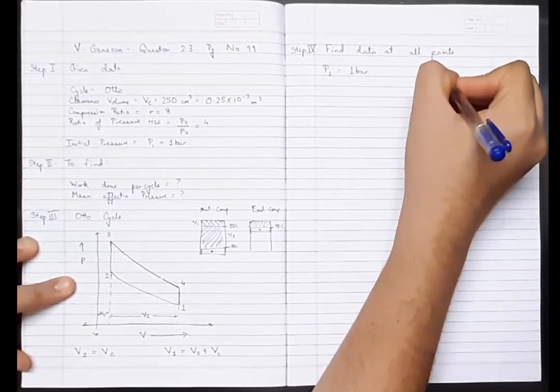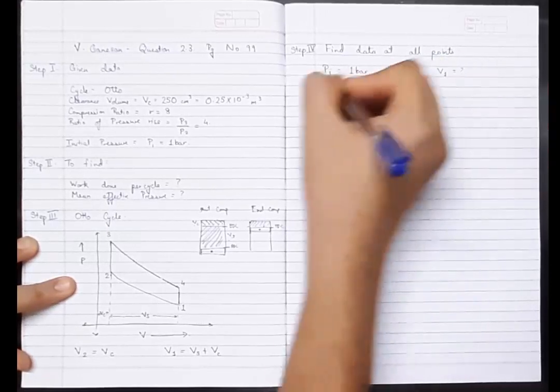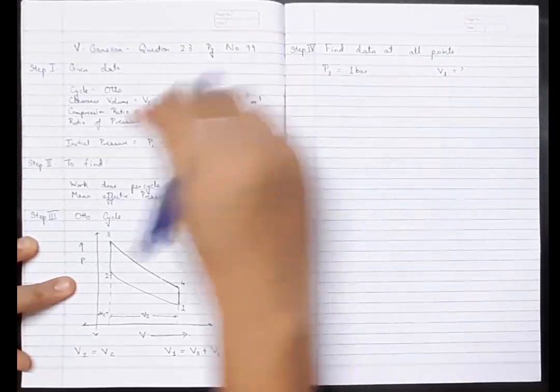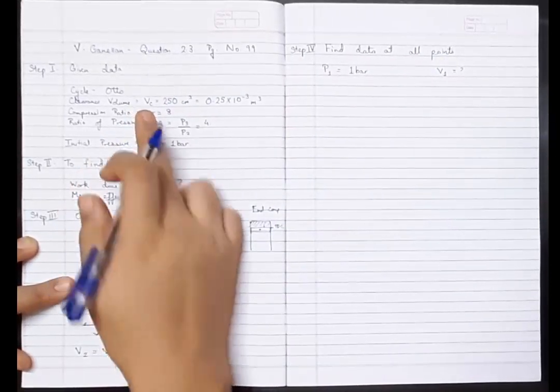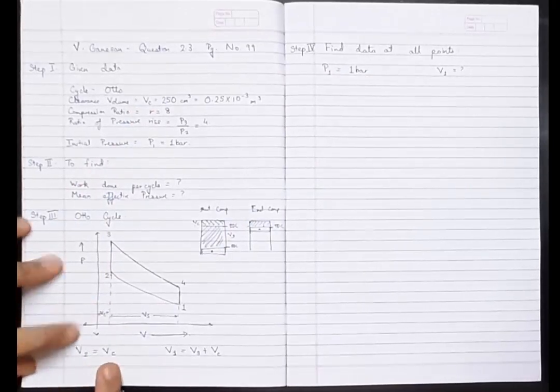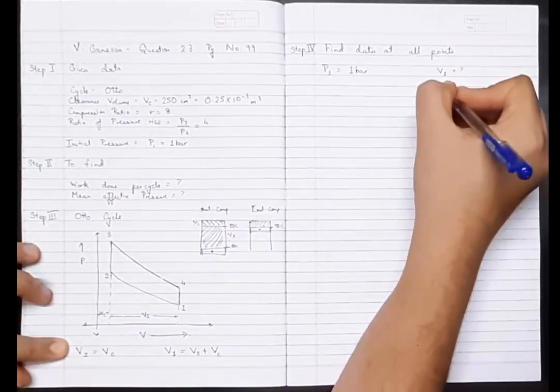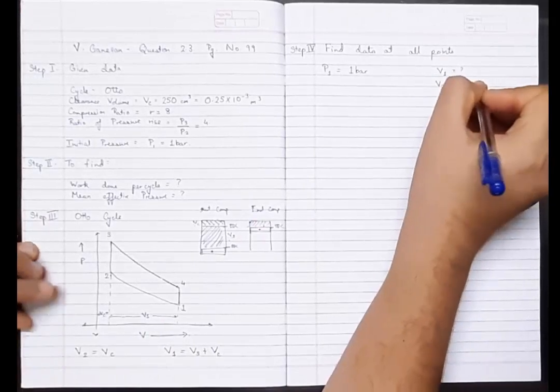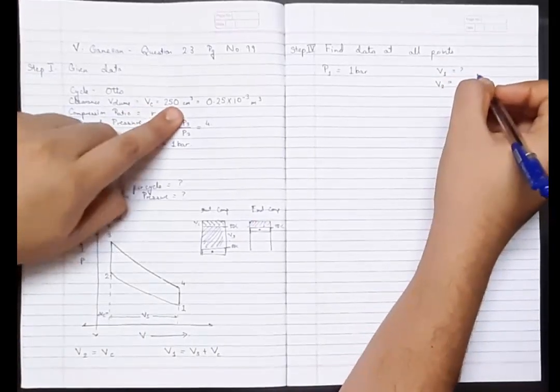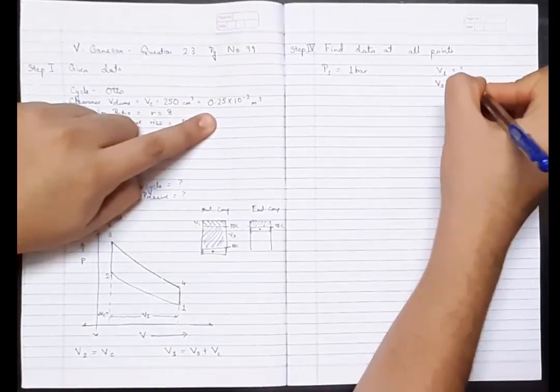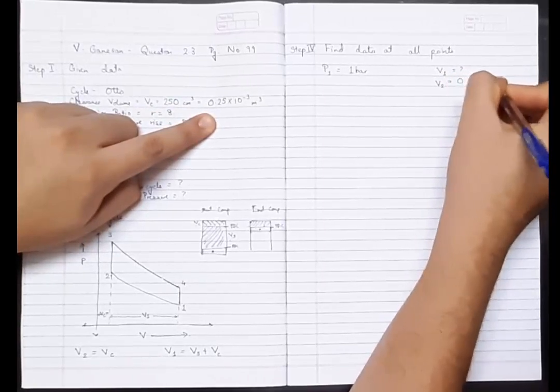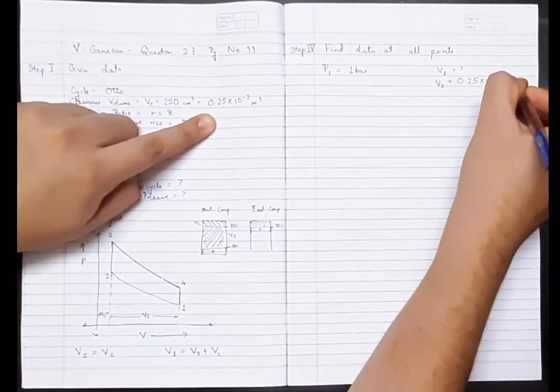We do not know what V1 is right now. Then we have been given Vc, and Vc is the same as V2. So we know the value of V2. V2 is given as 250 centimeter cube, which is 0.25 into 10 raised to minus 3 meter cube.